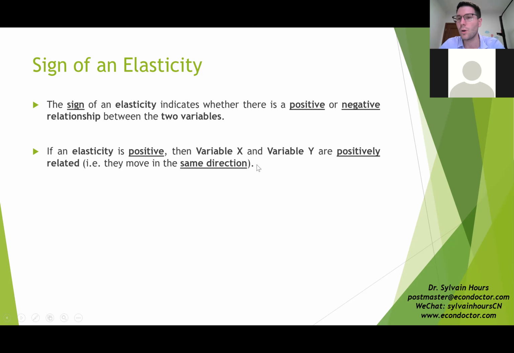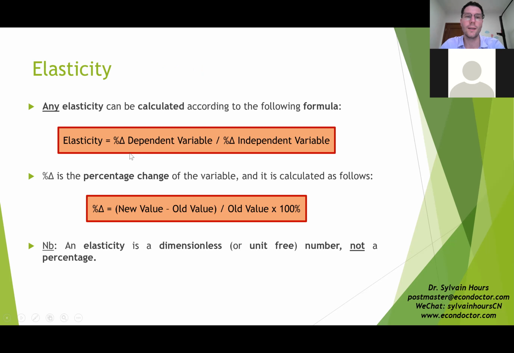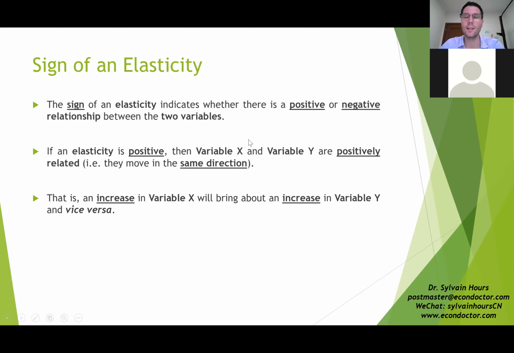So if you increase one, the other is going to increase. If you decrease one, the other is also going to decrease. And it's clear if you look at the formula. If both increase, then the ratio is positive, and if both fall, negative over negative is also positive. So this tells us that there is a positive relationship, just like between price and quantity supplied.